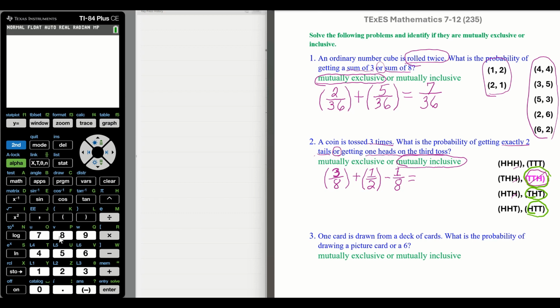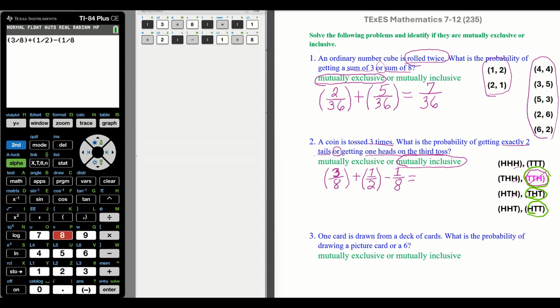So we have parentheses 3 divided by 8, then plus 1/2. And then we're subtracting the 1/8 and enter. Yes, that is going to equal 3/4.